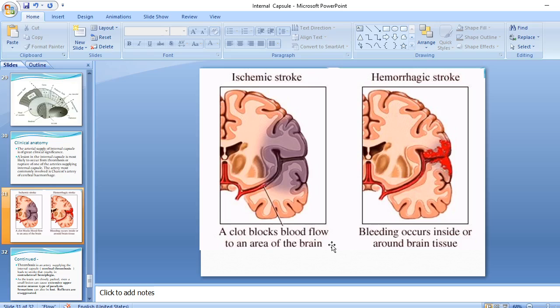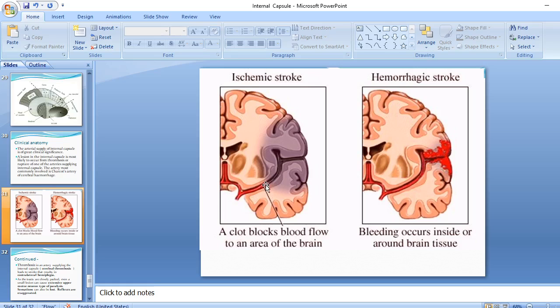Here, in this diagram, you can see how the blood vessels are involved in the thrombosis or hemorrhage.